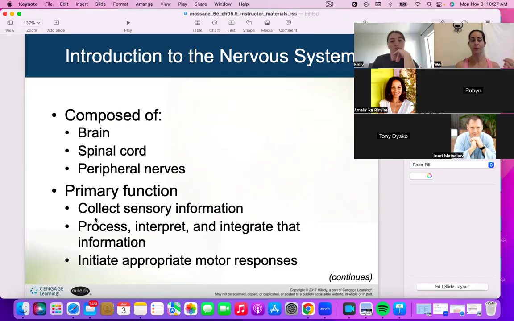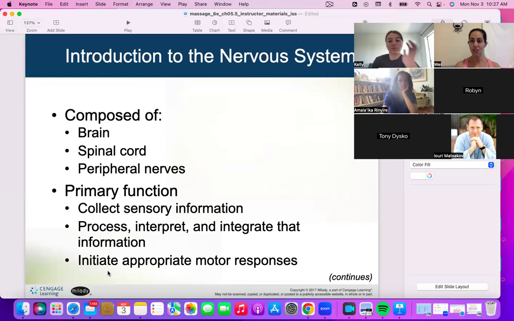So the primary function, again, is collection of sensory information that gets processed, interpreted, and integrated into the system. Then there's an initiation of an appropriate response by the motor section of the nervous system. Okay, so sensory in and motor out.